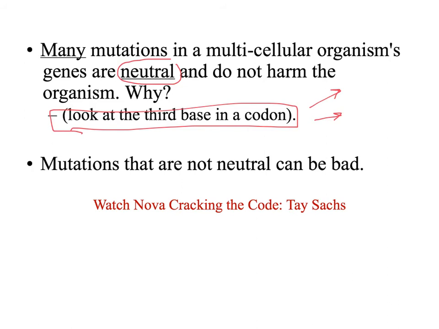So you can have some wiggle room in that third base of a codon, that if there is a different nucleotide, you could potentially still code for the same amino acid. And if that's the case, then you're not going to change that protein at all.